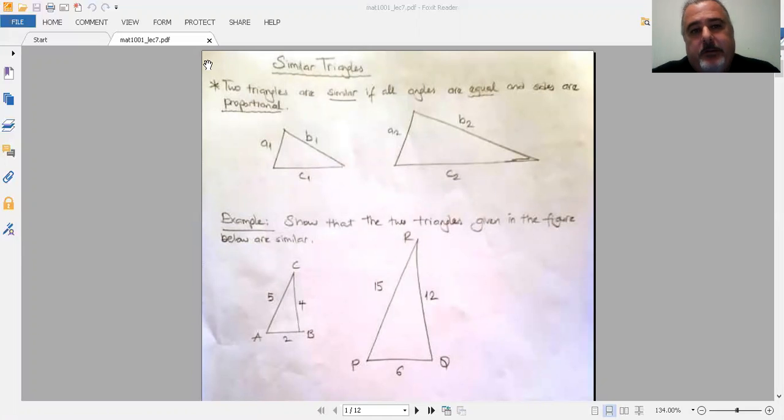Okay, our topic is similar triangles. How can we say that two triangles are similar? Two triangles are similar if all the angles are equal and the sides are proportional.